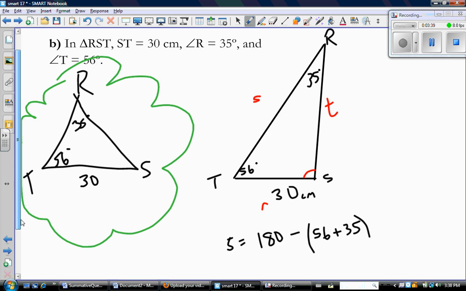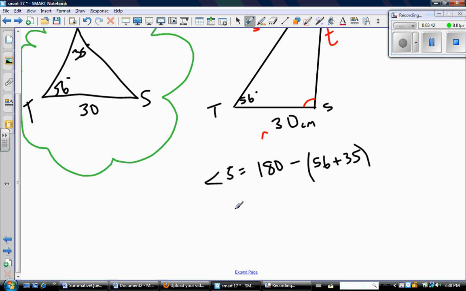Angle S equals 180 minus the sum of 56 and 35, which is 89 degrees. This is why it's nice to have a pretty decent diagram, because I could agree that that looks like 89 degrees. So angle S is 89 degrees.